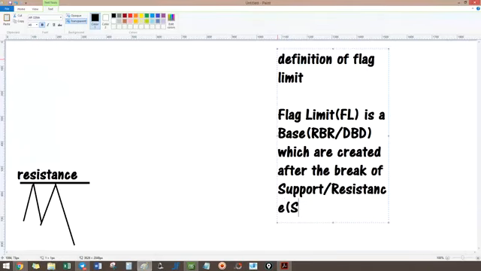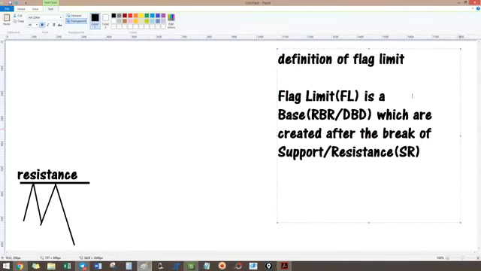That's all. So this is the definition of flat limit.